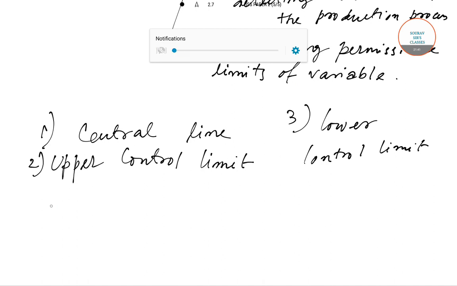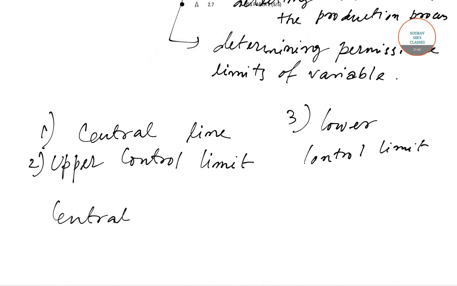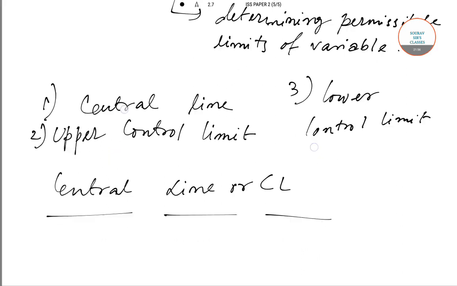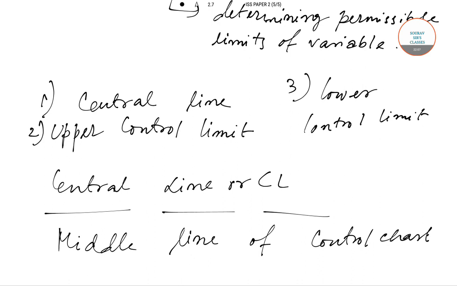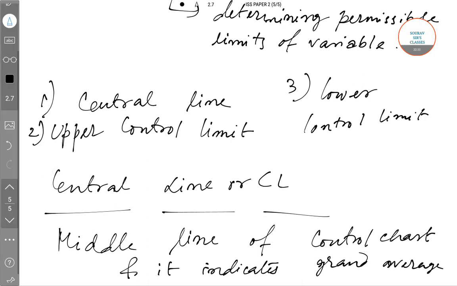Central line or CL, as you can see from the name, is the middle line of the control chart and it indicates the grand average of the sample data. Let me add a page.